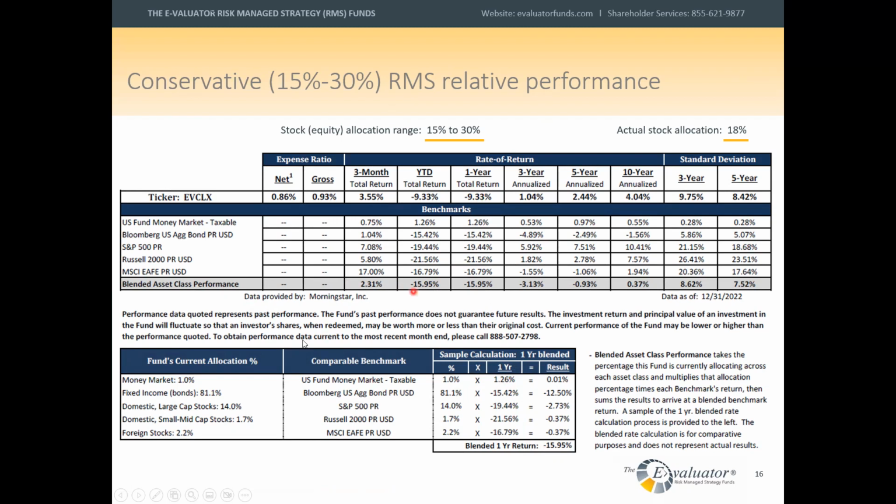If we had taken the exact same asset allocation and spread it across these 5 popular indexes, it would have netted a negative 15.95% return. So just to cut to the chase, if you compare this row of returns to the returns in the gray line, you'll see how well this fund has performed compared to doing the same asset allocation across these generic indexes.